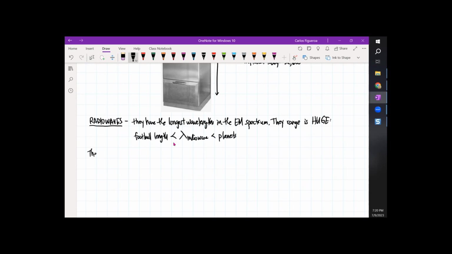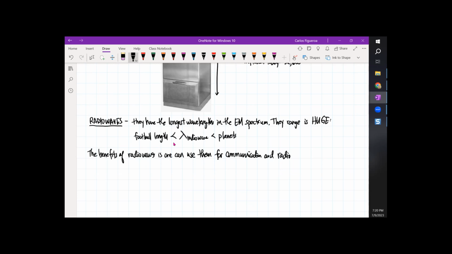So the benefits of radio waves is that one can use them for communication, and radio.